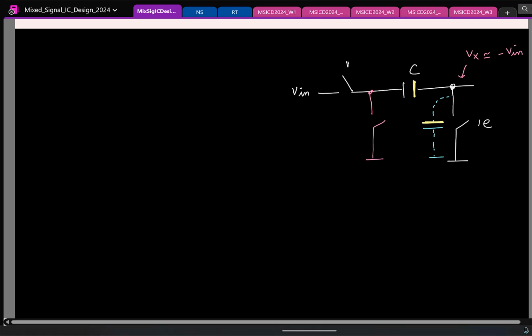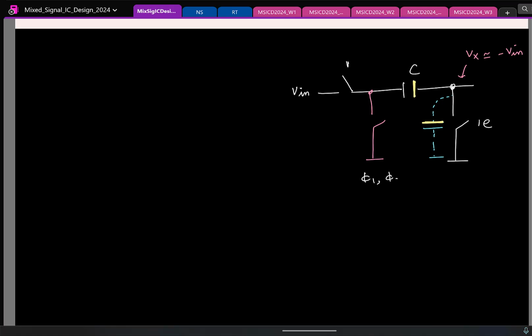And we also recognized that we cannot turn this switch on when both these guys are on. So we need to activate this switch only after turning off both these switches. Which means these clock phases phi 1 and phi 2 have to be non-overlapping.